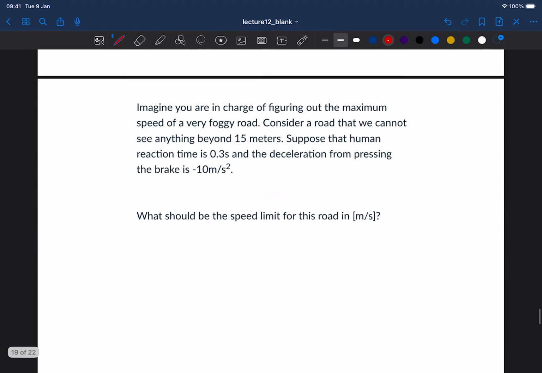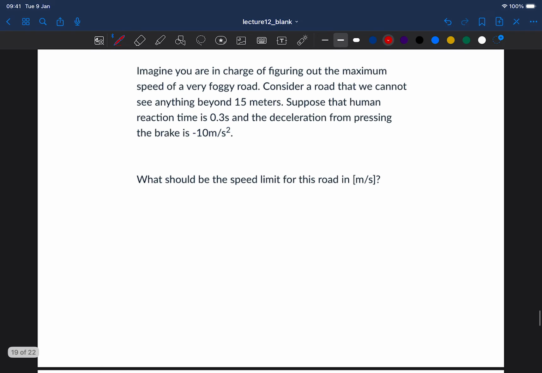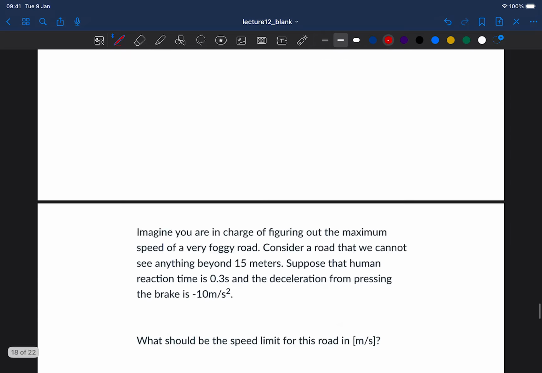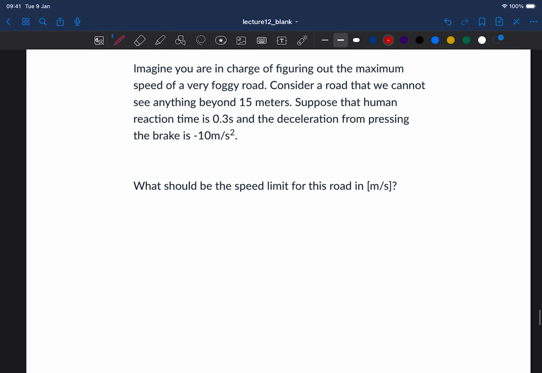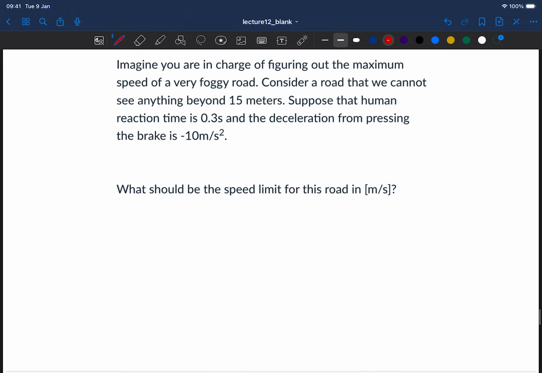Okay, this one is one of the Canvas homework, which is gone already. But it's one of the more challenging problems, so I just want to make sure that we know how to calculate.